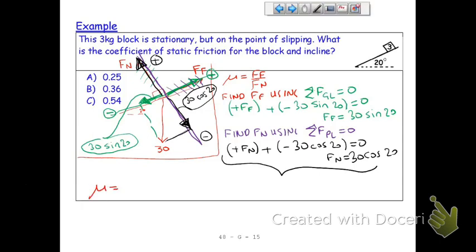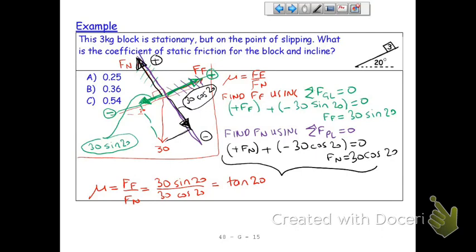Mu is equal to Ff over Fn, which equals 30 sine 20 over 30 cosine 20, which equals tan 20. The 30s cancel.